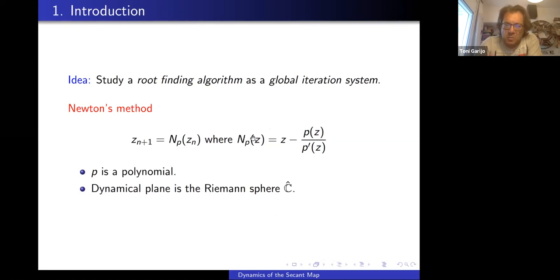But what we mention here is that at every step we only use the previous iterate, while in the case of the Secant algorithm, we need the two previous ones. In this case, we consider that P is a polynomial, but this can be done in the same way with an entire map, and the dynamical plane is the Riemann sphere.